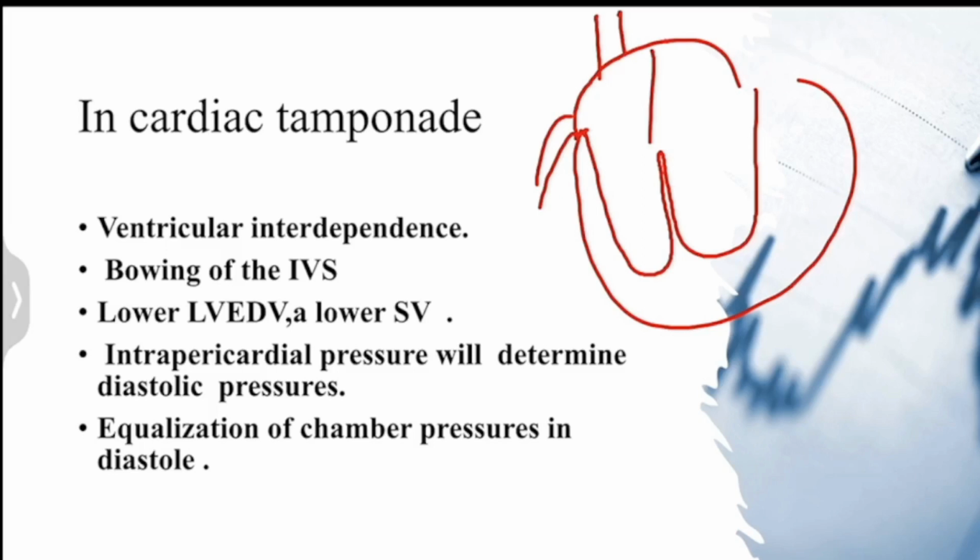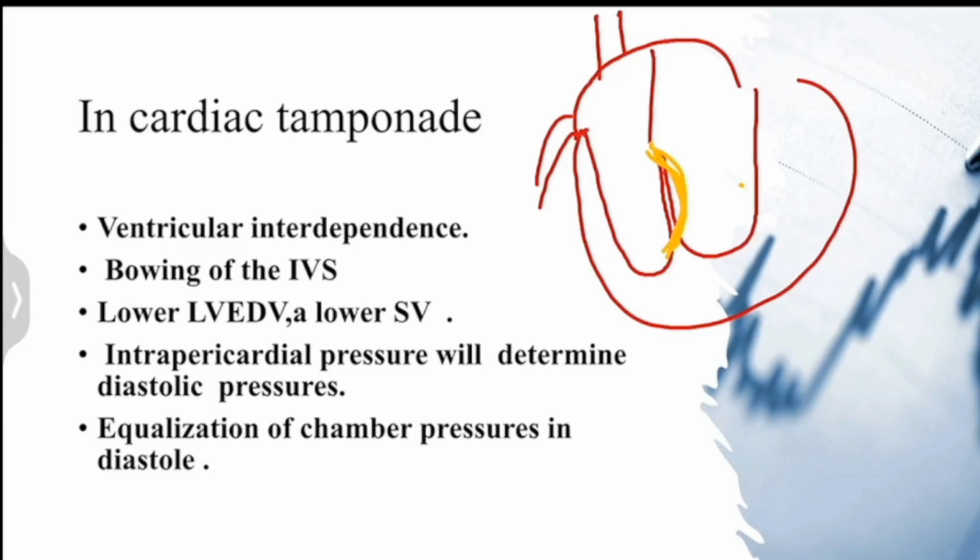So this will lead to more blood entering the right ventricle. This more blood entering the right ventricle will produce deviation of the septum. So there is a bulging or bowing of the septum into the left ventricle.